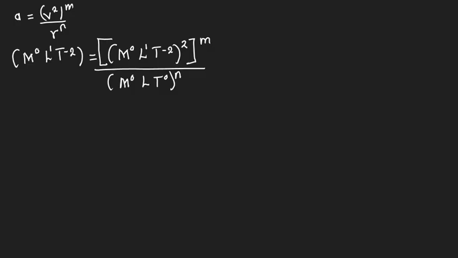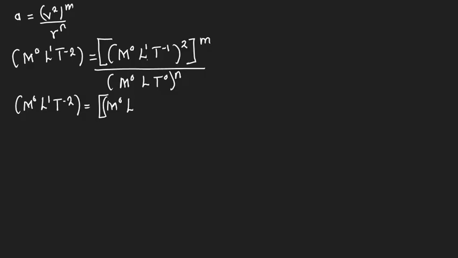So if I was to do my multiplication, I'm supposed to put negative 1 there. So this is going to be negative 1. If I expand everything, we are going to get M to the power 0, L1, T negative 2, and then M to the power 0.